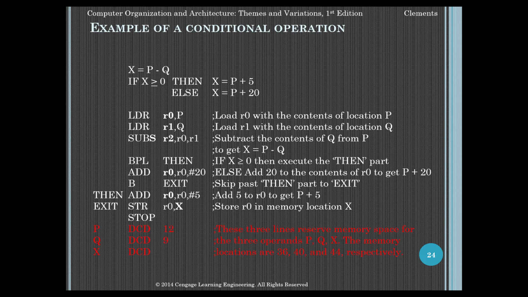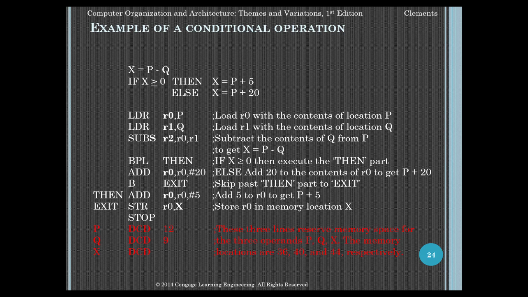We put values into them, so P DCD 12 means that variable P is going to hold the value of 12, right? Just like we're defining variables. There's not really anything groundbreaking here.